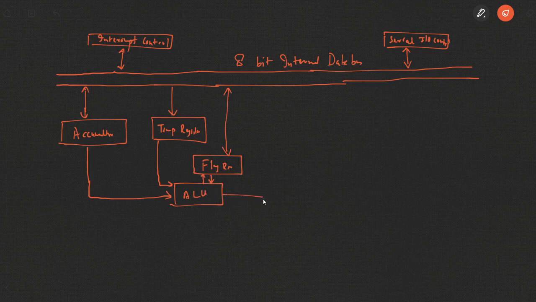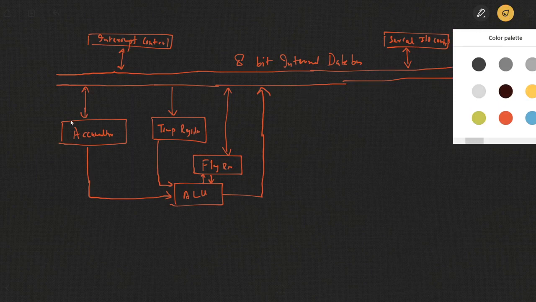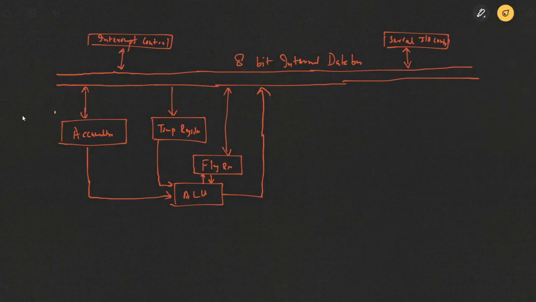Accumulator and ALU is only a one-way operation, and the ALU then will put onto the data bus whatever is processed. So this component here represents your ALU unit.